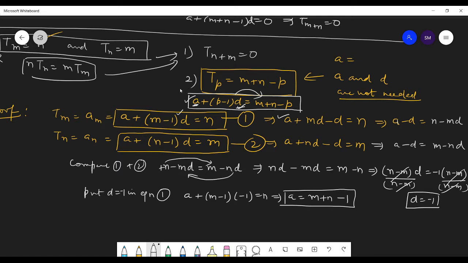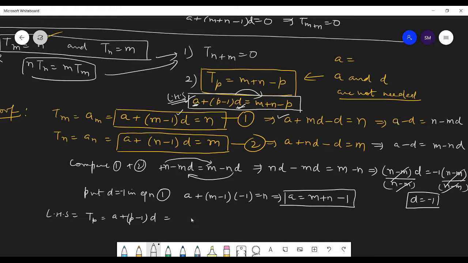Okay. So now students, this is what we need to prove. So what is your LHS here? This was our plan, that we put the values of a and d in the LHS and we get the RHS, right? And we have found a and d in terms of m and n. So now LHS is equals to TP is equals to a plus p minus 1 into d.